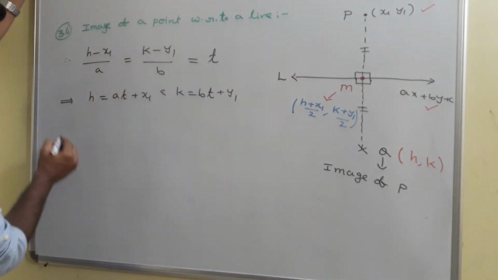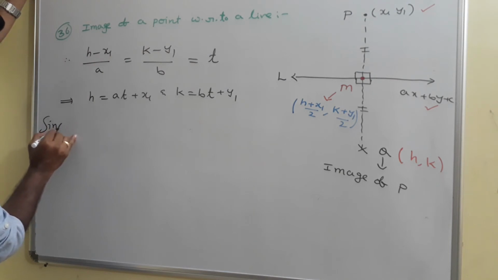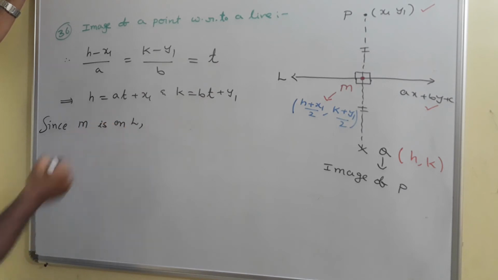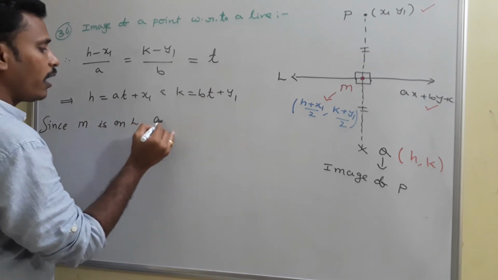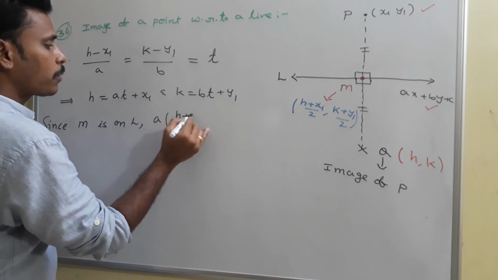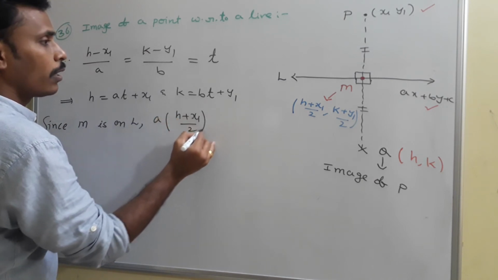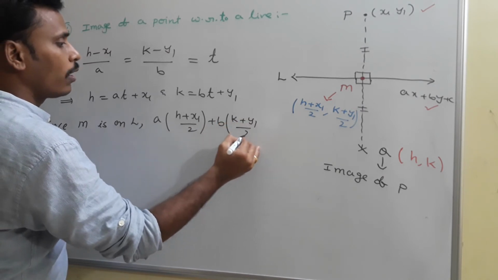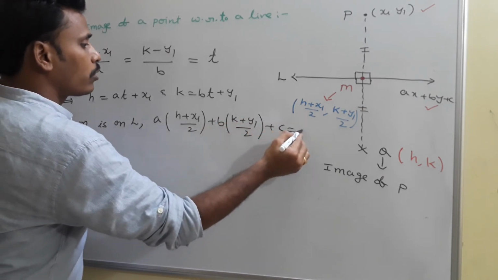So that's what we need to use. Since M is on the line L, A into, in the place of x, replace its x coordinate, (h plus x1)/2, plus B into (k plus y1)/2, plus C is equal to 0.